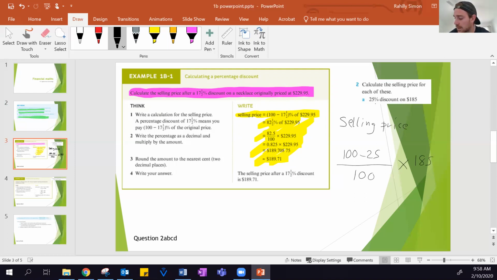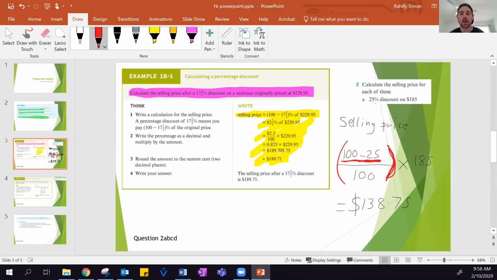And the answer is 138.75. So again, you've got 100, take away your discount amount, and then divide that totally by 100. So you're going to do this part first, the whole thing, and then multiply it by your amount. That gives you the answer. So for question 2, that's all you're going to have to do.